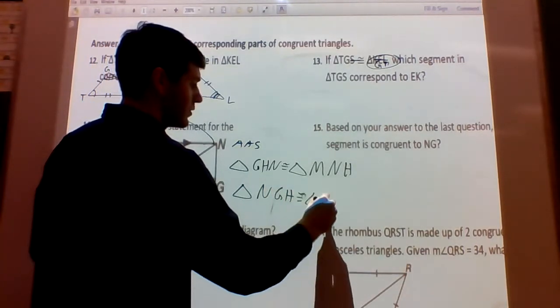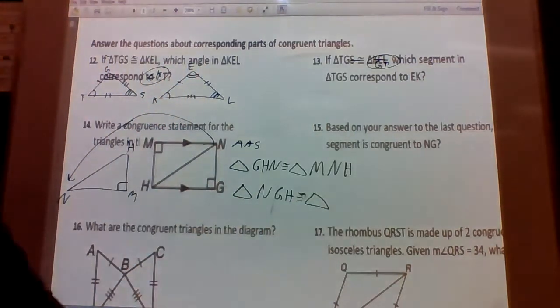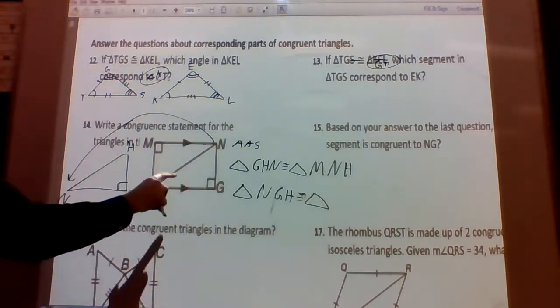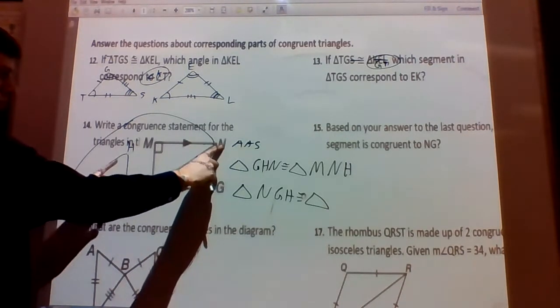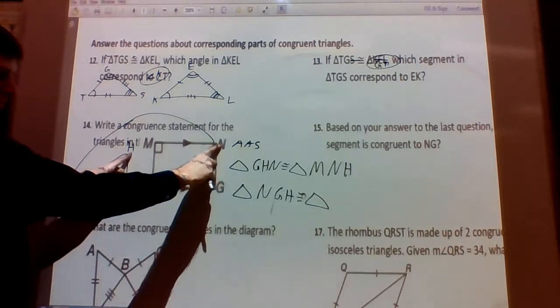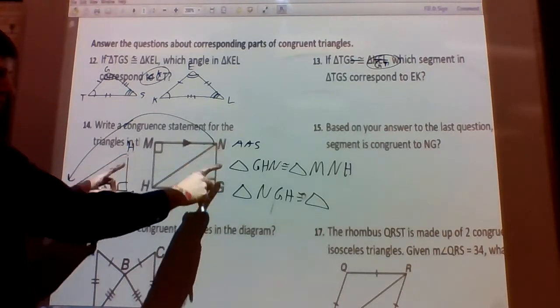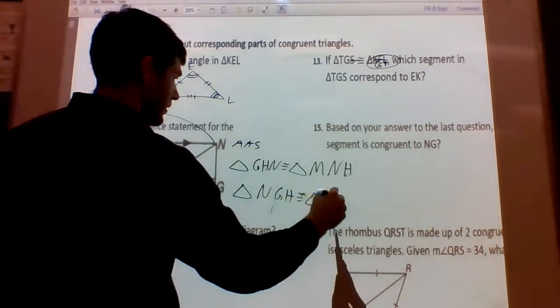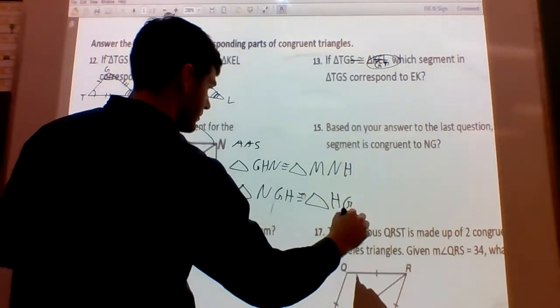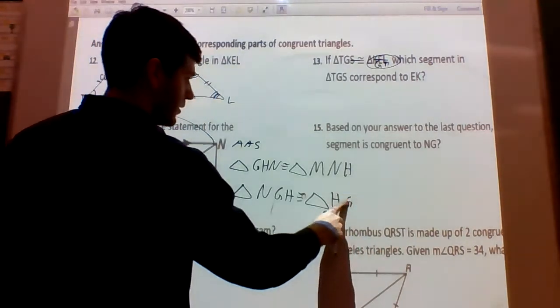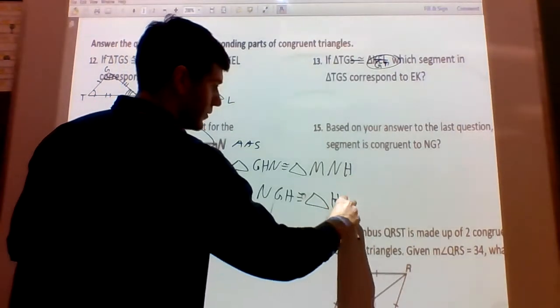Then we would have had to say that's congruent to triangle, and what corresponds with N? Well, N on this one would be H. What corresponds with G? M. Oh, M, I'm sorry. So even now I'm getting confused.